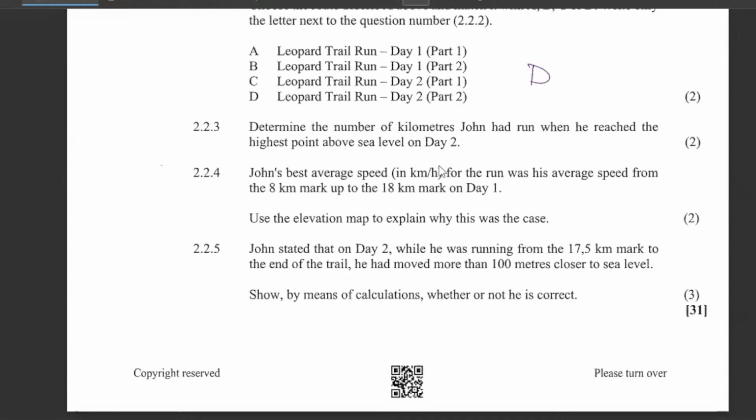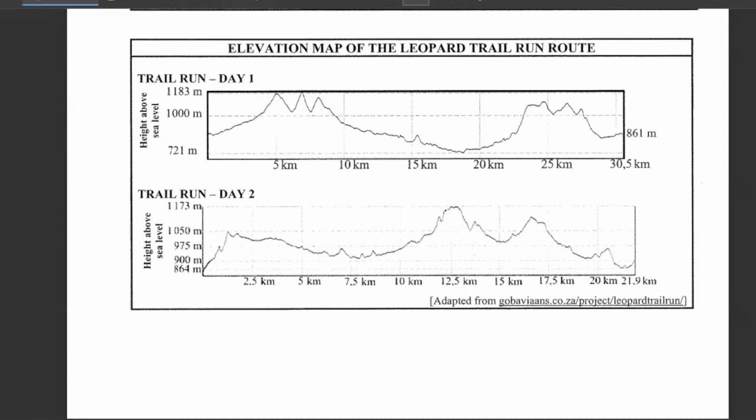But these two are not showing on the elevation, not even showing on the map. So this question here has some missing information. Use the elevation map to explain why this was the case. Now, when you look at the elevation map, there's no way we see 8. There's no way we see 18. Because this is 20, this is 15, 10, and 5. So there's nothing like that.